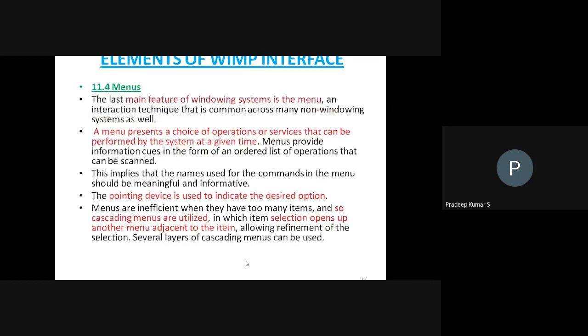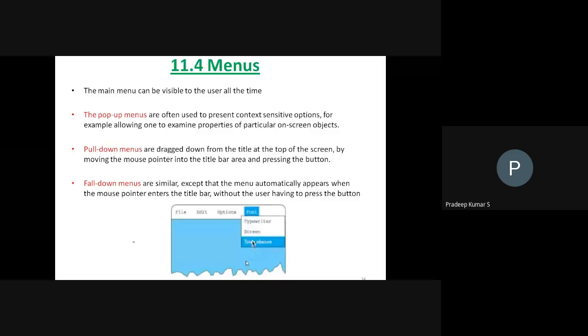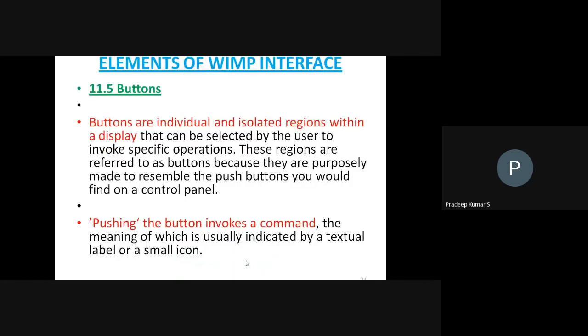Okay, so next one is the menu also. Here the menu, I can define, lets us choose some set of items. Here I told 3 types: the pop-up menu, pull down menu and fall down menu. That is the menu types. So now we come to the last, that is the buttons. Especially what is the button? A good example is the push button. Then only it will enter into the new window.